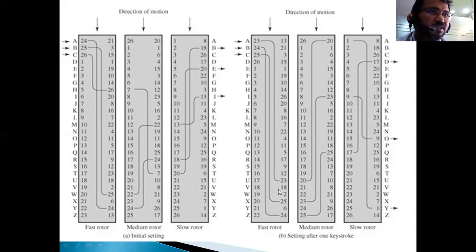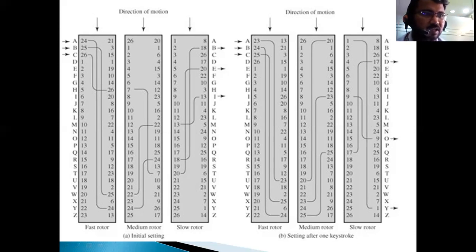In the same way, the medium rotor is also shuffled, after 26 shuffles of the fastest rotor. Once the fastest rotor rotates 26 times, the medium rotor rotates one time. And once the medium rotor rotates 26 times, the slow rotor rotates one time.